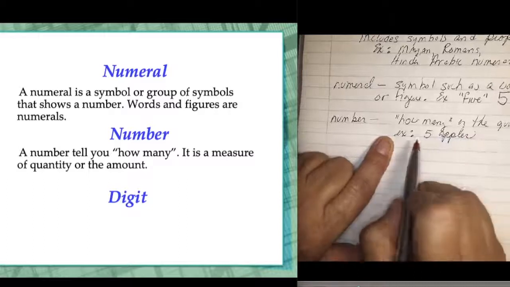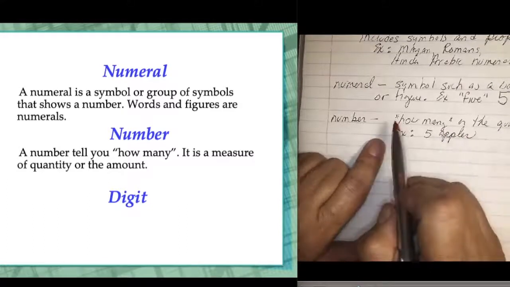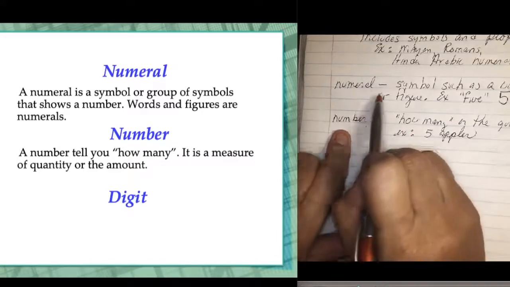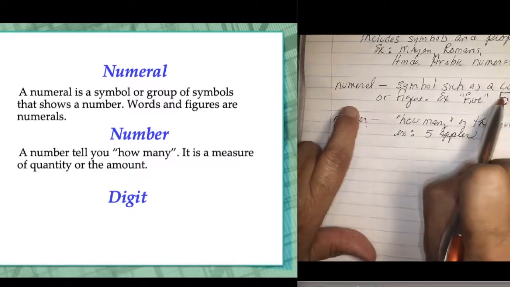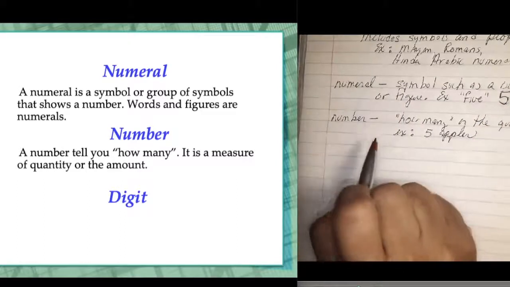So in this example, when I'm referring to 5 apples, I'm actually counting them. So when you're counting, you're looking at the number. When you're just referring to the word or to the symbol and you're writing the symbol out, maybe you're teaching them in pre-K how to write the symbol, or in first grade, then you're referring to numerals.